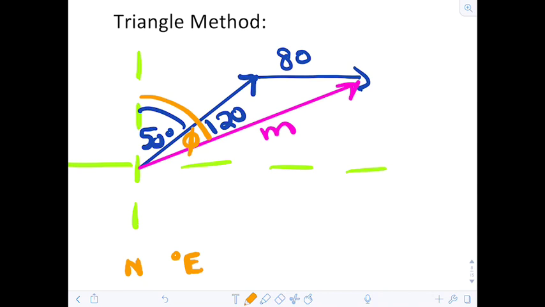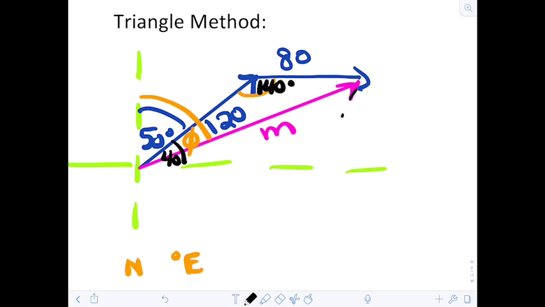To get the magnitude, I have a side, an angle in the middle, and the other side that makes up that angle. So I really would have side, angle, side. The way I can figure out that obtuse angle is to know that this angle would be 40, and this angle would then be 140 degrees.